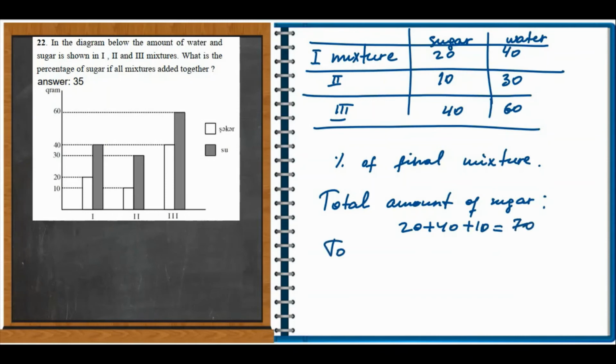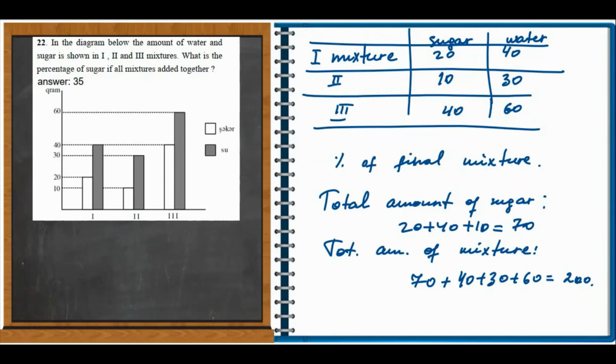And the total amount of mixture, when these three mixtures are added together, will be 70, it's the amount of sugar, and the amount of water will be 40 plus 30 plus 60. Now it's going to be 200.